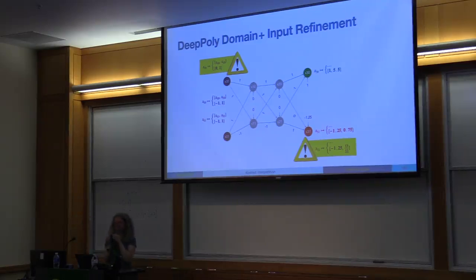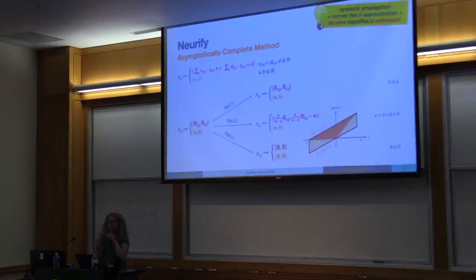This is because of this choice. So in DeepPoly, there is this choice between the abstractions for the ReLUs. And sometimes with a larger range, you actually get a more favorable choice. So you're not guaranteed to get a more precise abstraction when you refine. Another asymptotically complete method is this one. With DeepPoly, we have this problem of choosing where to put the lower bound.